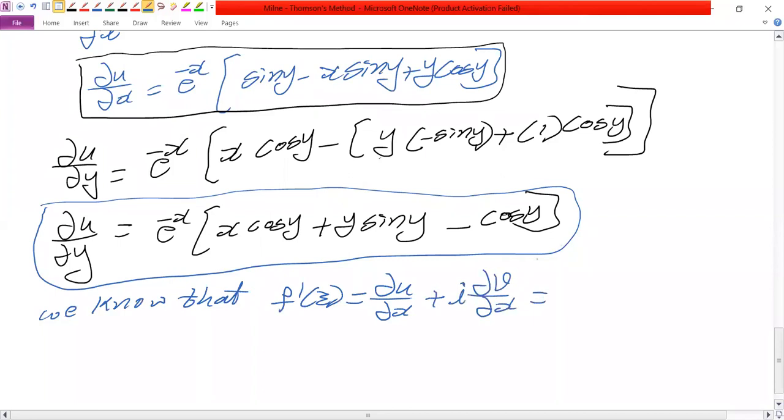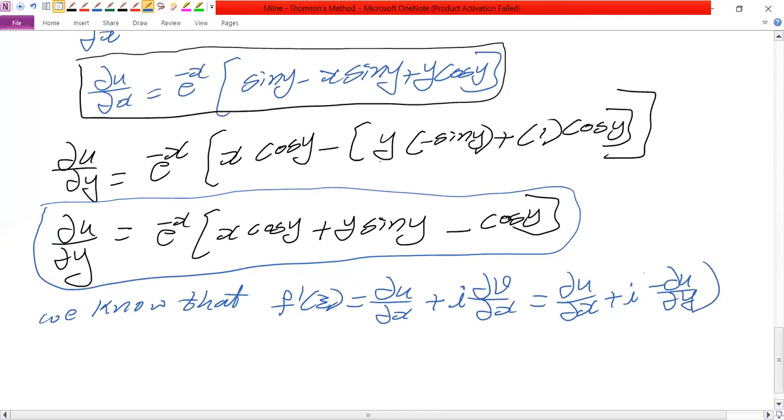Converting it into dou u by dou y only using the Cauchy-Riemann equation number 2, dou u by dou x plus i into minus dou u by dou y. Minus dou u by dou y is a product of i, so if you are not putting brackets for this, it will be wrong. So substitute the dou u by dou x and dou u by dou y values here.